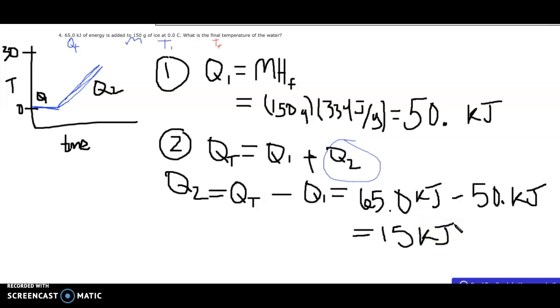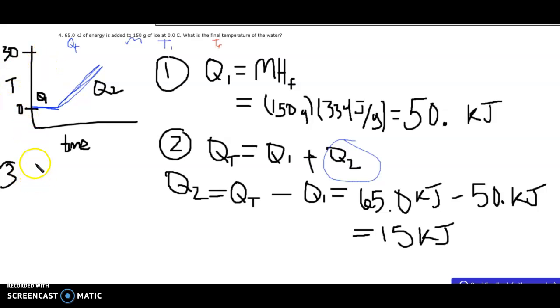All right, so our last step is they're asking for that final temperature, and Q2 is the only segment that experiences a temperature change, so we have to use a Q2 equation. Again, Q2 experiences a temperature change, so we have to use MC delta T. We'll mark this like the third step.